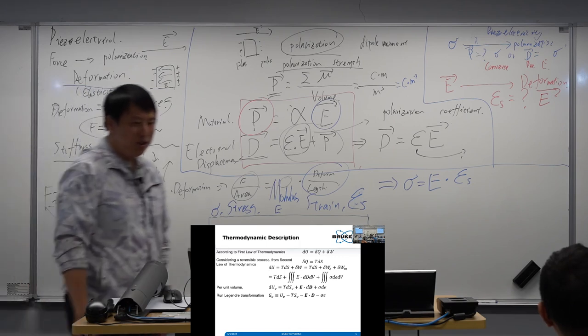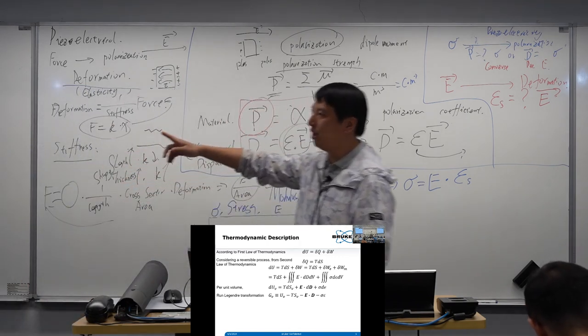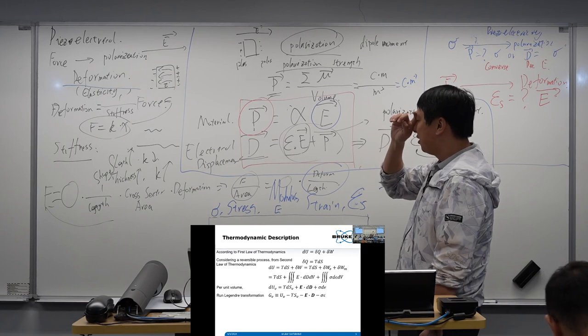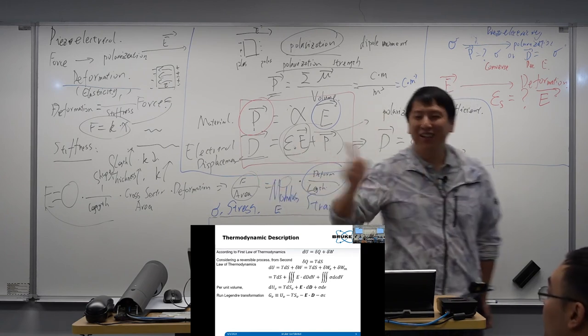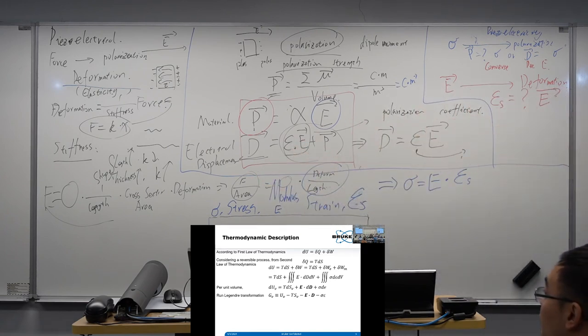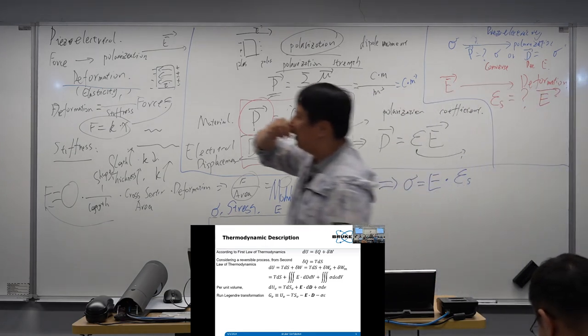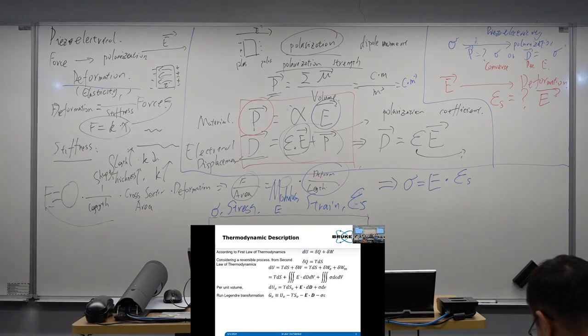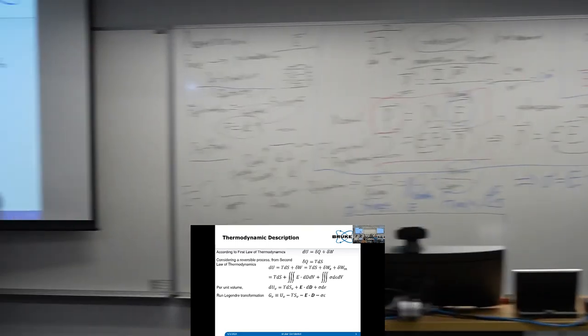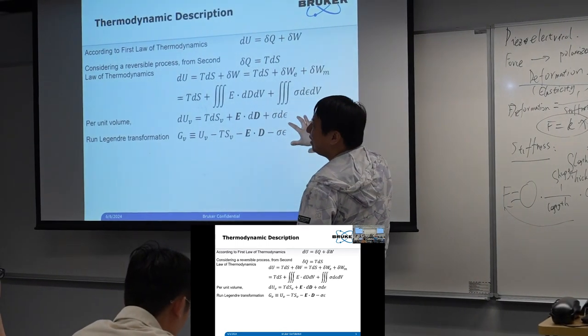And in Chinese, you may remember it's 热浪德. Yeah, this is a French name. This transformation, the Legendre transformation or something. Okay, with this transformation, we can play things like this.